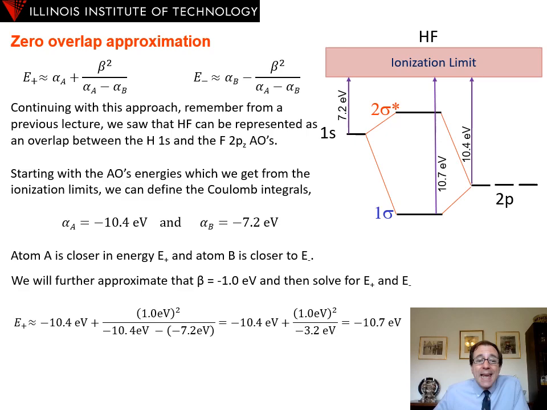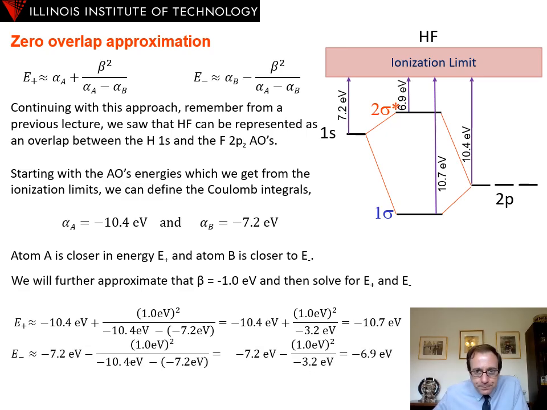What about the energy of the antibonding orbital? The energy of the antibonding orbital, sorry, I clicked twice, starts from our minus 7.2 electron volts. This time, instead of plus, it's minus. So we're starting with the other wave function, the one that's higher in energy. And instead of adding the negative value, we're going to be subtracting the negative value. That negative value still ends up being about 0.3 electron volts.